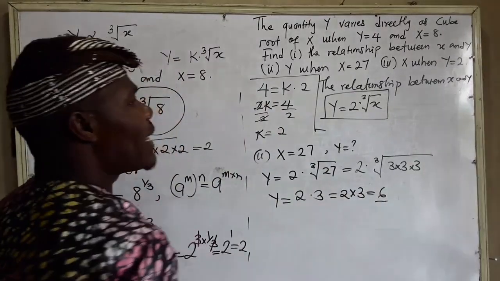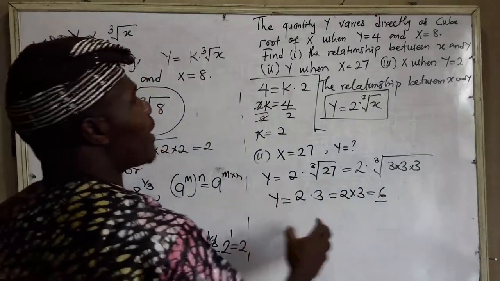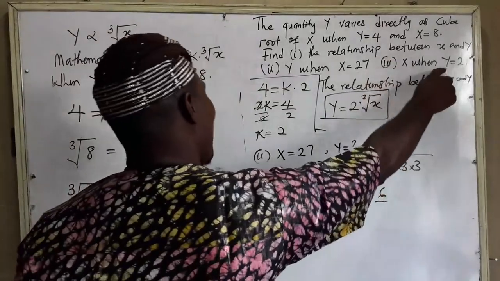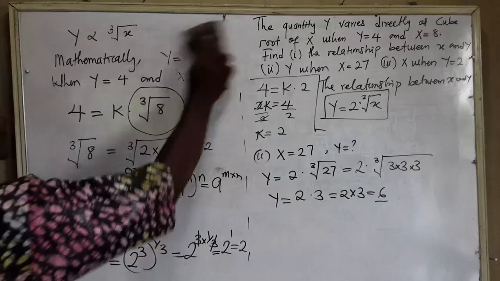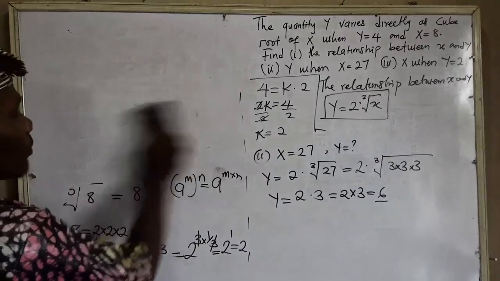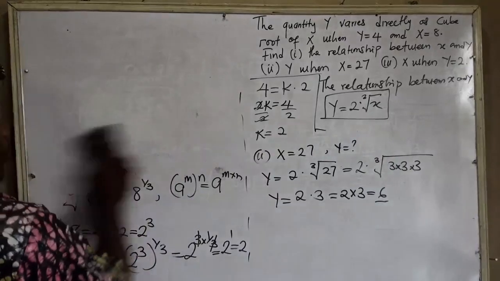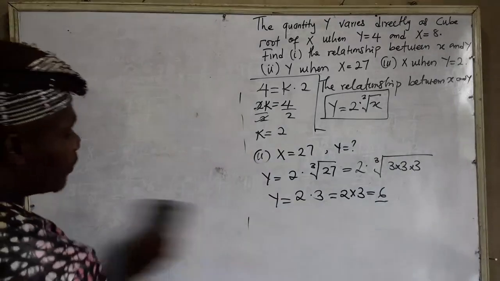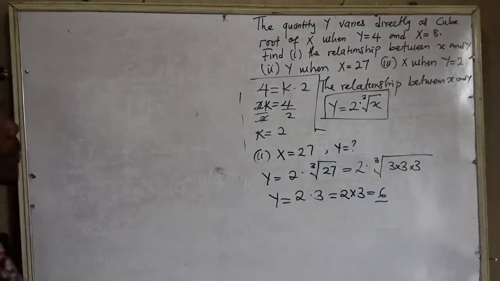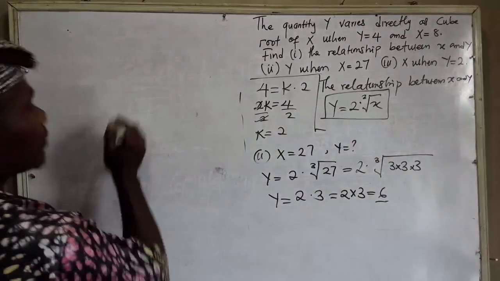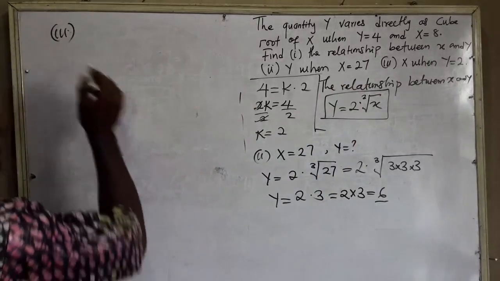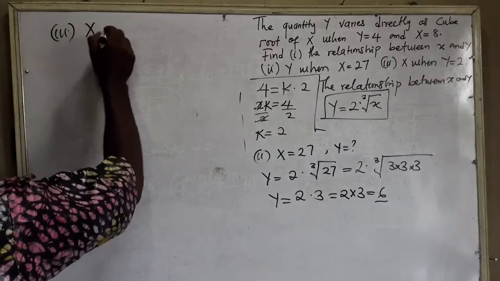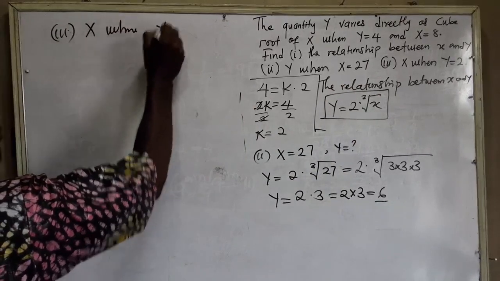This is it. So let's now find the value of x when y is equal to 2. So now, the third one, find x when y is equal to 2.